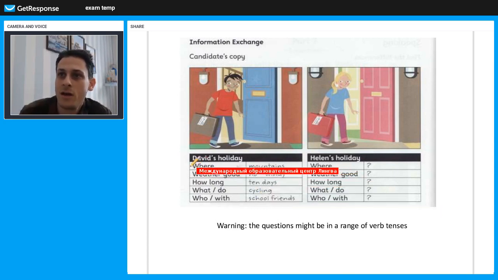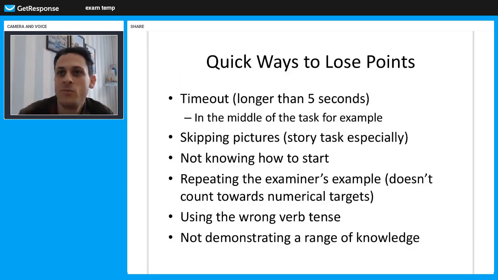So here, the question is not where is David's holiday, it's where was. Look at the question here. We already know it was 10 days, and we know about the weather. Okay? So, as you see, this exam is much harder than the lower level exams, and it's actually really easy to lose points.